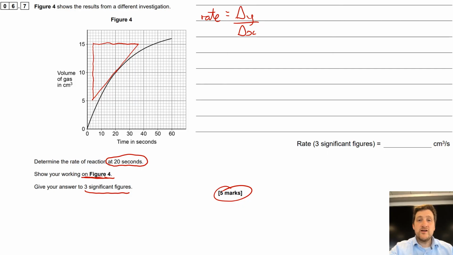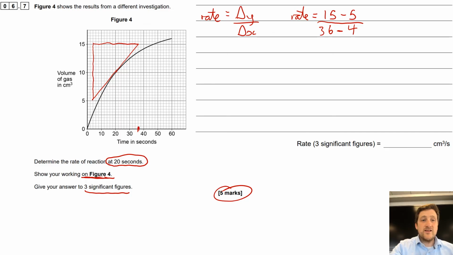So my change in y is going to be 15 centimeters cubed, take away 5 centimeters cubed. That's so much easier to do. And then my next one I can look at, well, the x-axis, it is going to be going through here, which is 32, 34. That's going to be 36. And I'm going to be taking away 4.